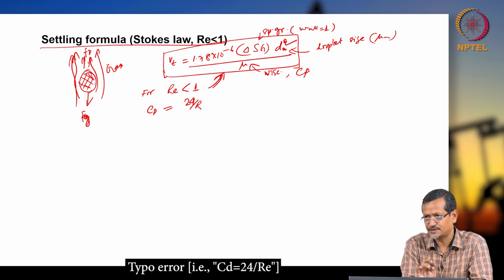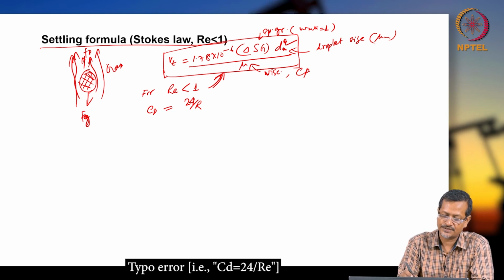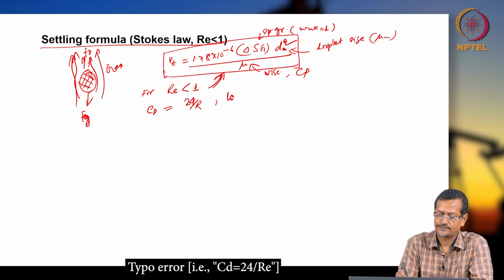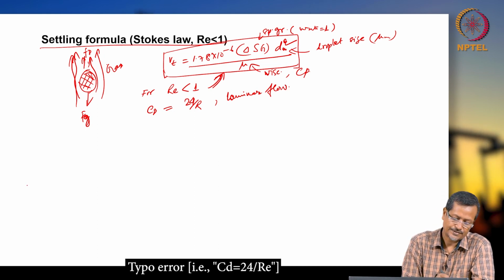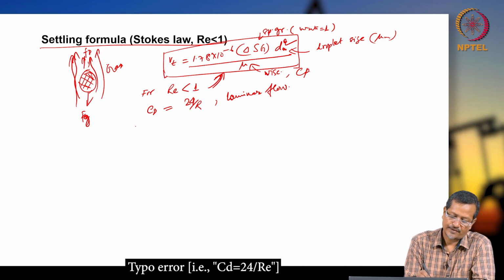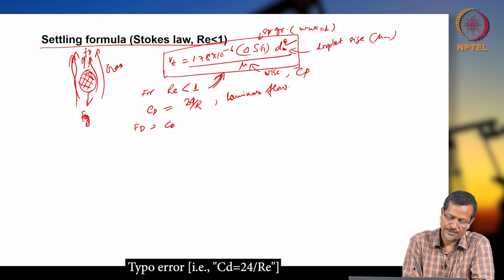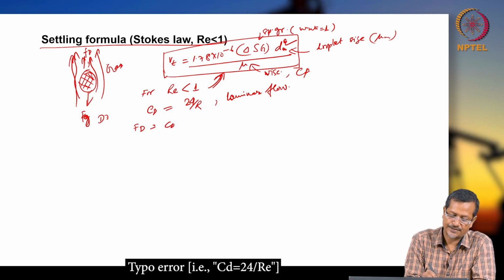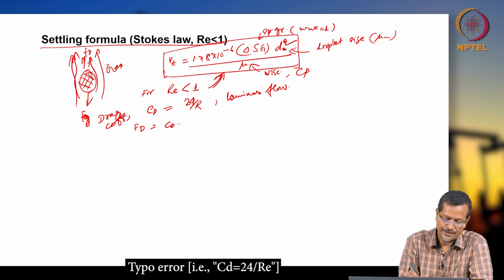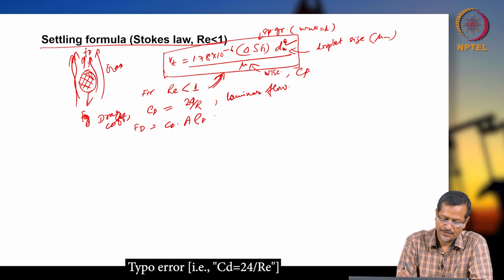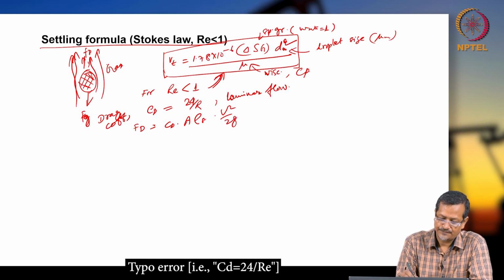There is no turbulence created, very small flow velocity is there. So this is laminar flow. Okay, this criteria you should remember. So drag force Fd equals Cd, the drag coefficient, into A rho g v square by 2g.